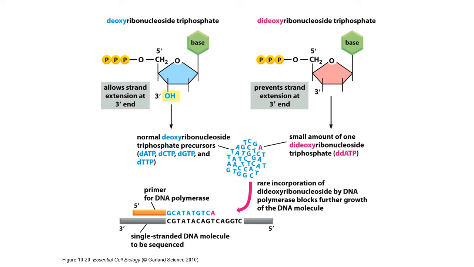So really there would be all four, so you'd have four colors in here, and that would allow polymerase to choose at each position whether it's going to put in a dideoxy or a regular nucleotide. Importantly, when you get the dideoxy incorporated, there's no further addition possible on that molecule.